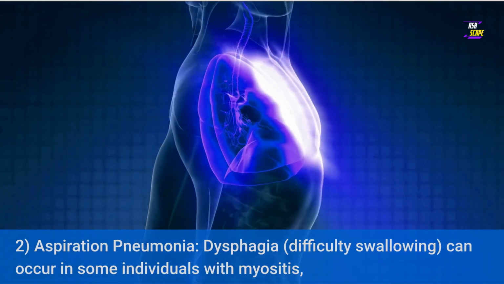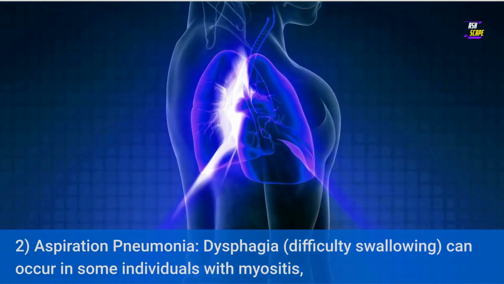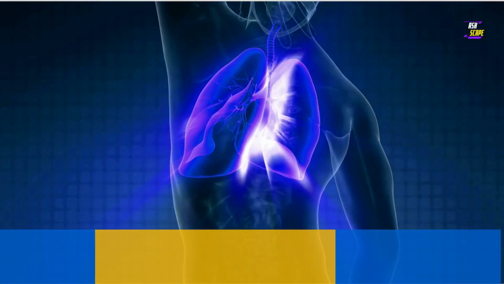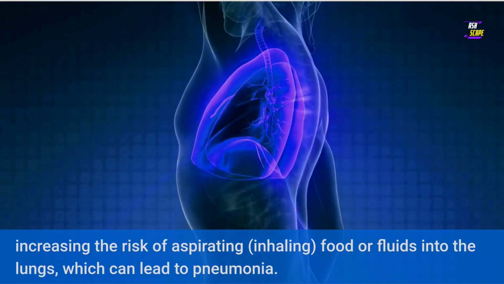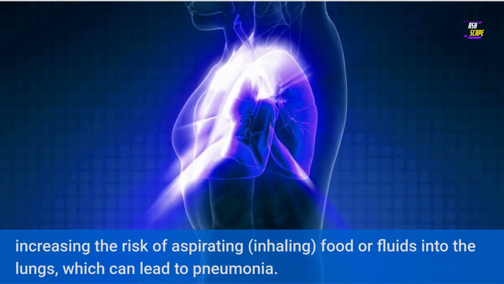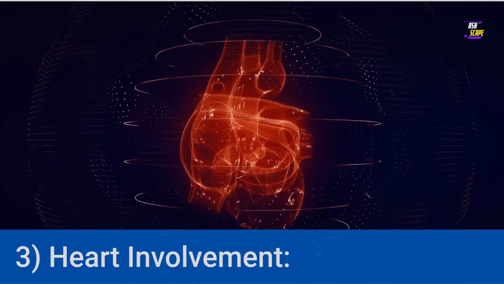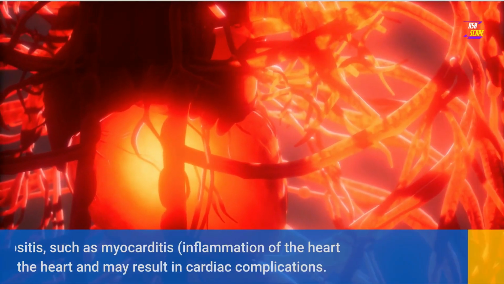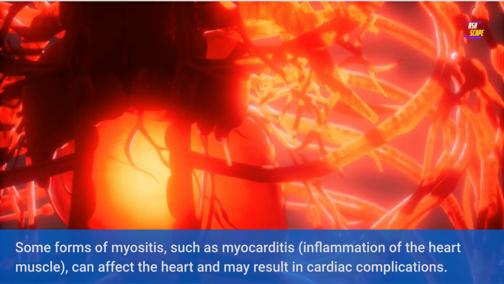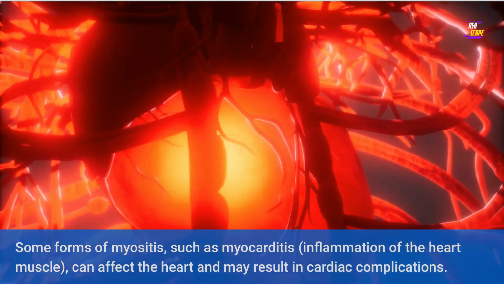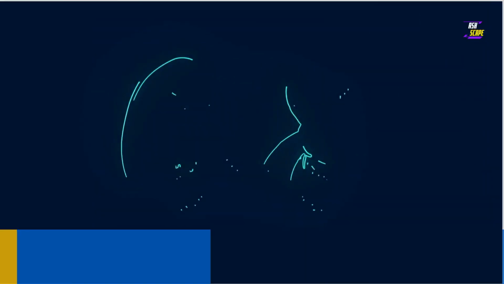Aspiration pneumonia. Dysphagia, difficulty swallowing, can occur in some individuals with myositis, increasing the risk of aspirating, inhaling, food or fluids into the lungs, which can lead to pneumonia. 3. Heart involvement. Some forms of myositis, such as myocarditis, inflammation of the heart muscle, can affect the heart and may result in cardiac complications.